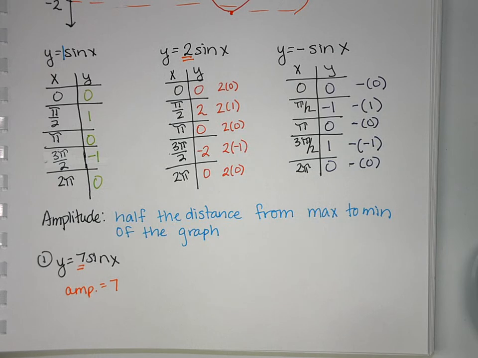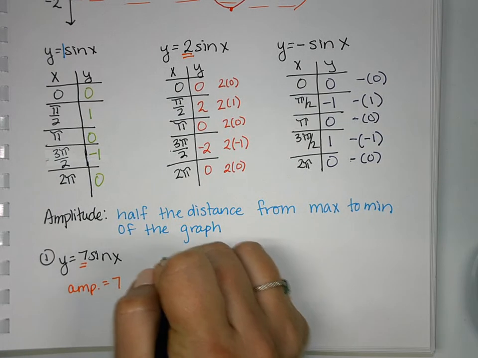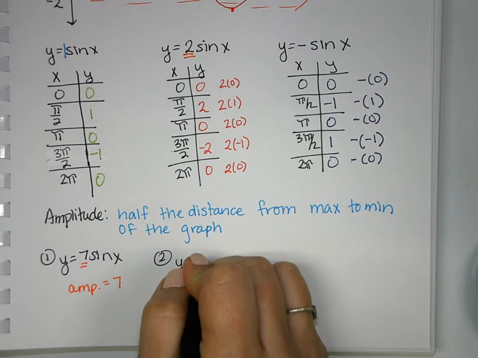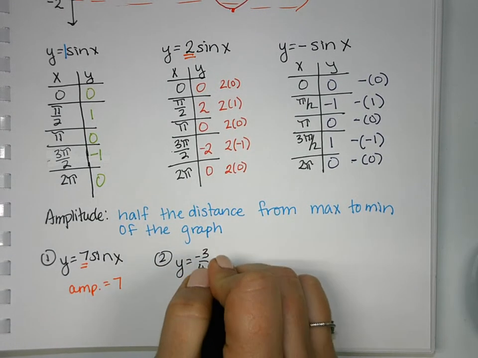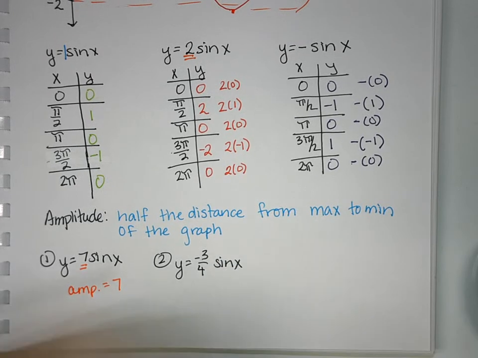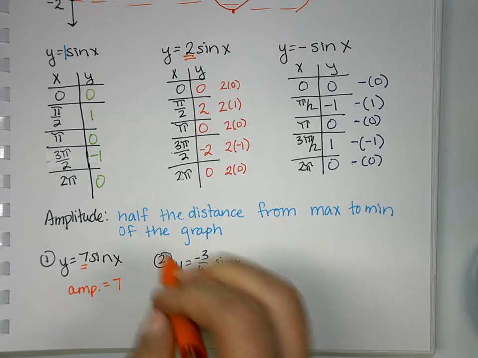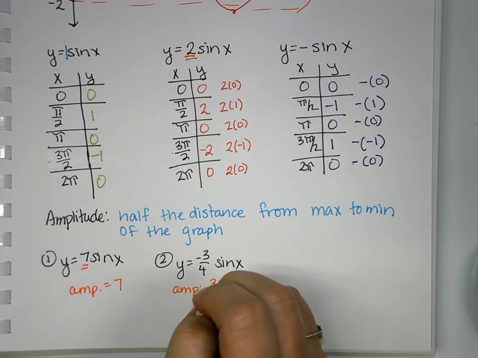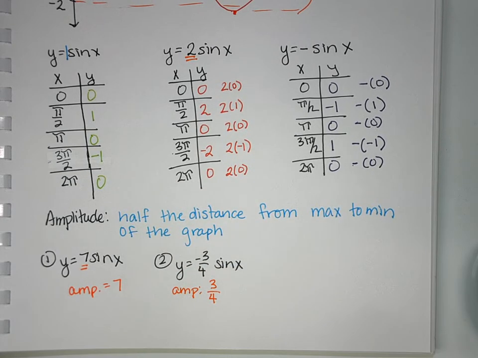Another thing is your amplitude must always be positive. So even if we have something like -3/4 sine x, your amplitude is still going to be just the 3/4, because that negative is something totally different.